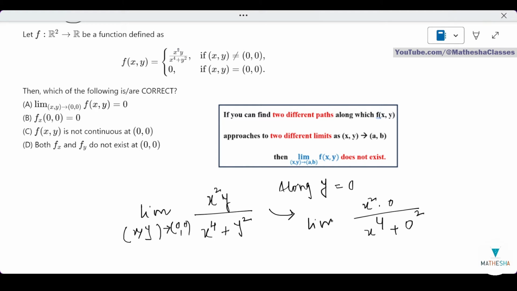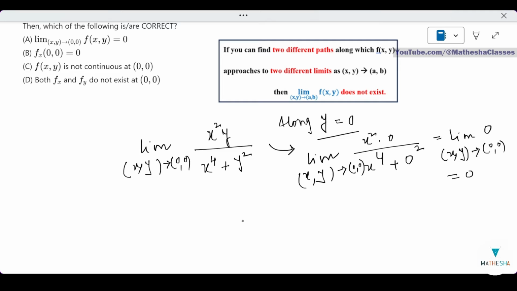Now if you take the limit as (x,y) tends to (0,0), note that the expression is nothing other than 0. So this is basically becoming limit of the function 0. So you are getting 0 along y equal to 0.